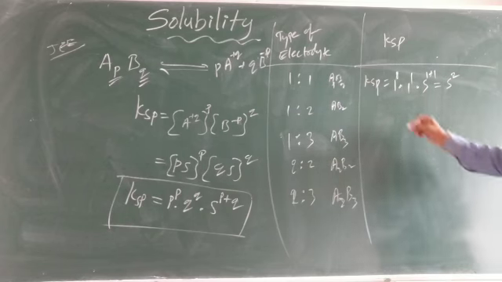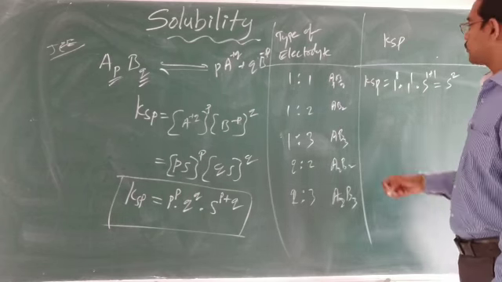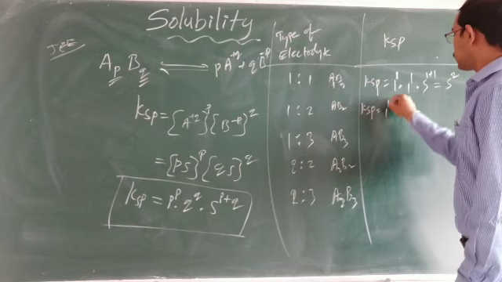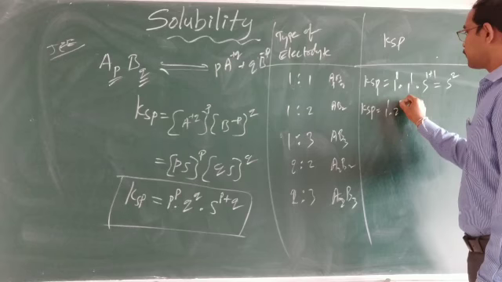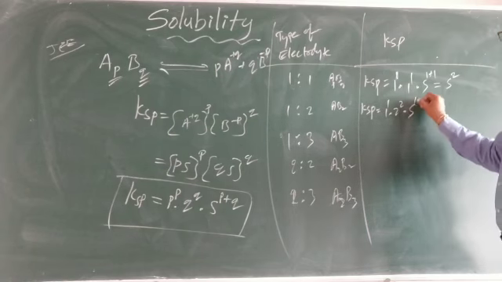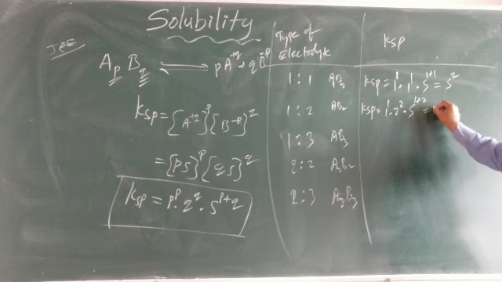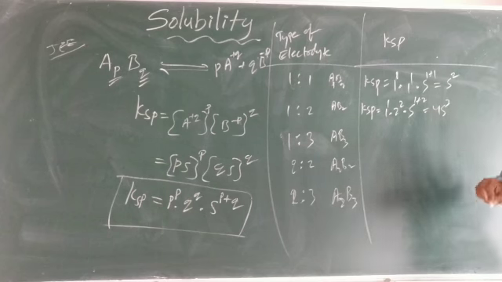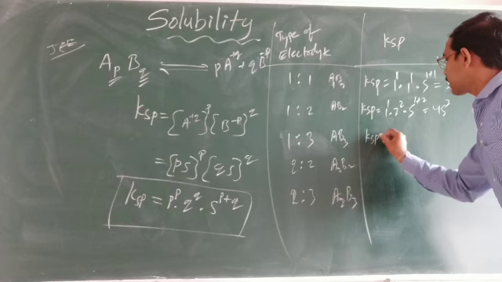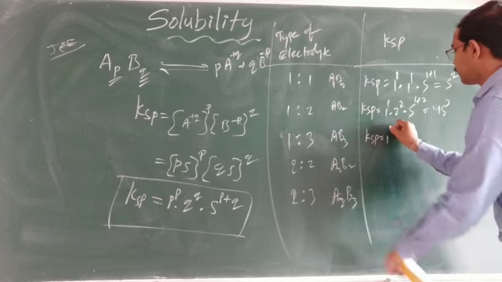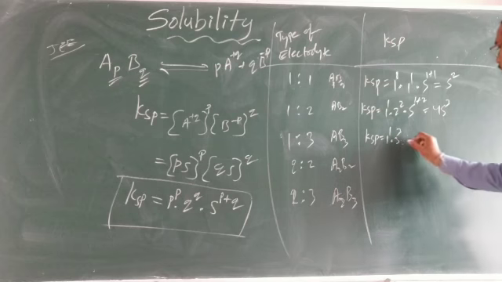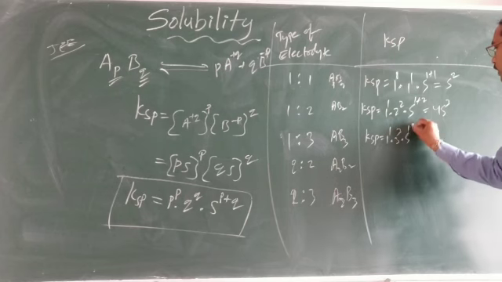Right. Next AB2. Then for this KSP equal 1 to the power of 1, 2 to the power of 2, then S to the power of 1 plus 2. That means 4S cube. Yes. Next this one, KSP equal 1 to the power of 1, 3 to the power of 3, S to the power of 1 plus 3.